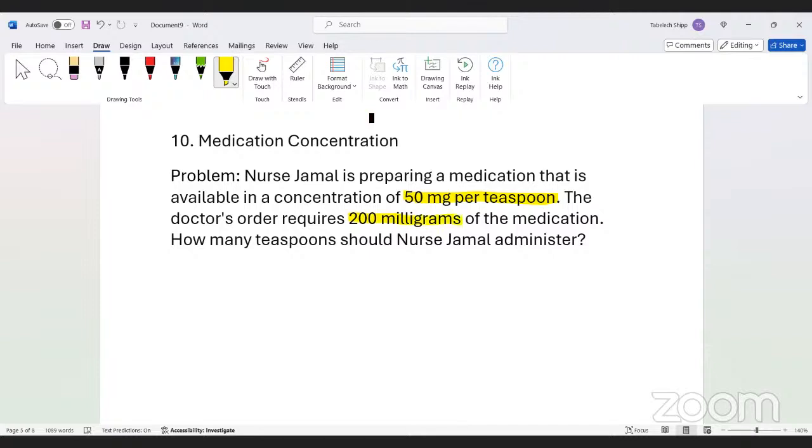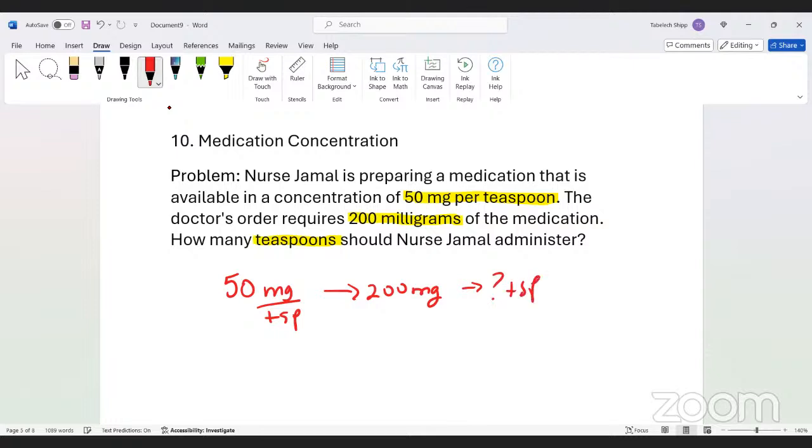My question is, how many teaspoons should Nurse Jamal administer? Again, all you're doing, guys, if you notice here, they told you 50 milligrams per teaspoon. The doctor wants, though, 200 milligrams. How many teaspoons, though, is that?